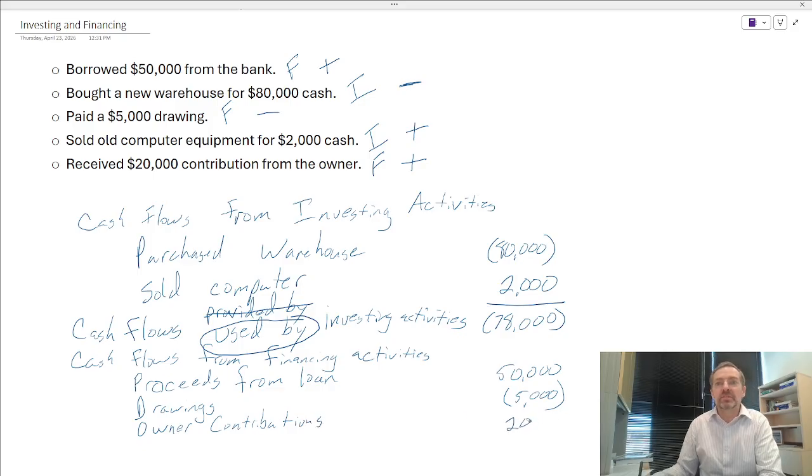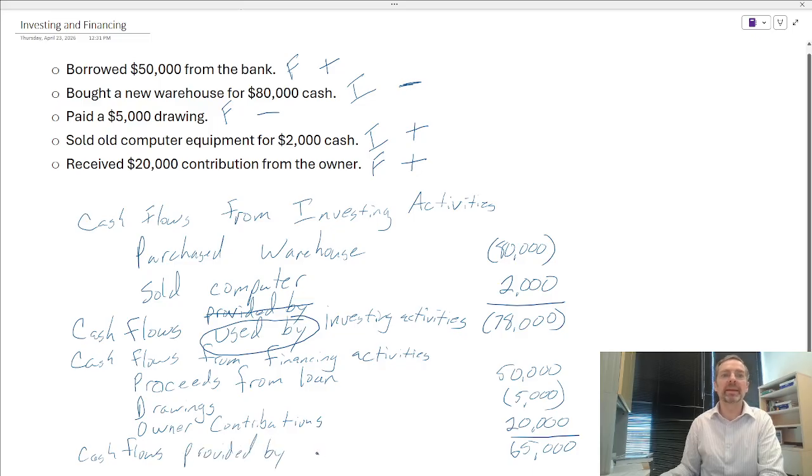And that's a positive 20,000. So our total here is going to be $65,000 positive. So we can say cash flows provided by financing activities.